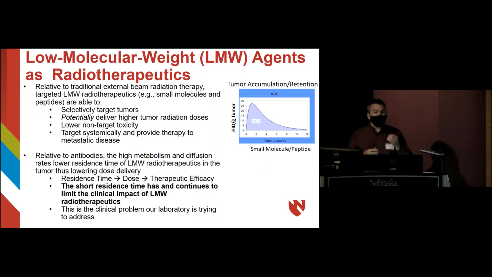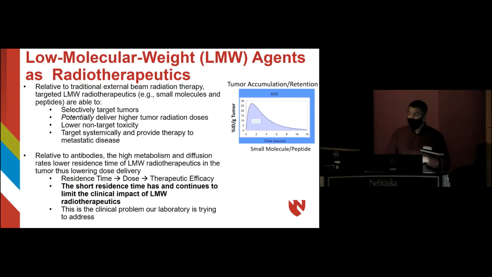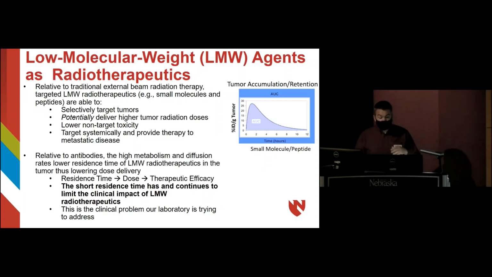Because these agents have high metabolism and high diffusion characteristics, their residence time in the tumor can be relatively short. A low residence time ultimately results in a low radiation dose delivery, which obviously is going to impact therapeutic efficacy. This has been a hurdle for the development of low molecular weight radiotherapeutics for the clinic, and this is the clinical problem that we're trying to address.